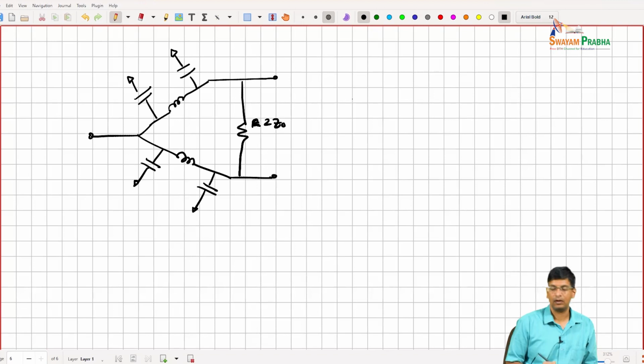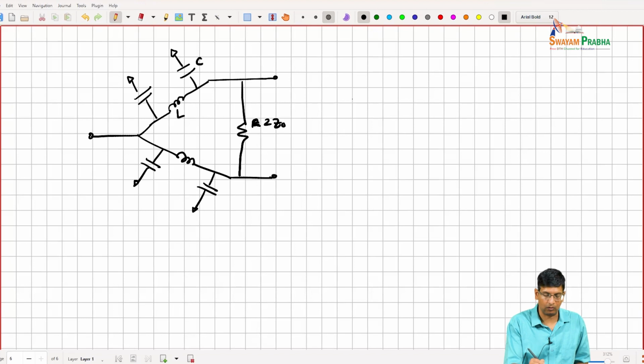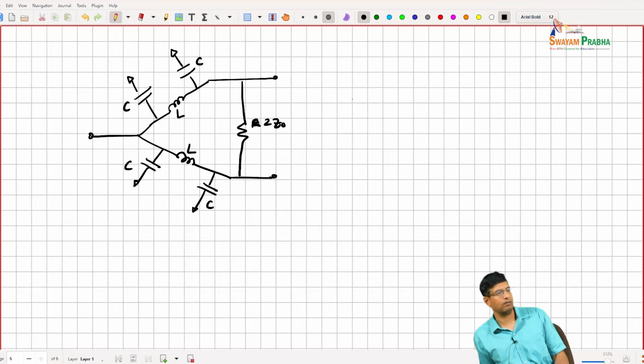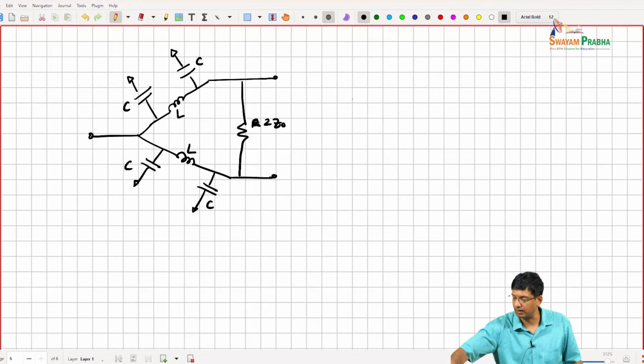Right? And this approach will work at the particular frequency that we design at. But the challenge, of course, is going to be that we'll have somewhat reduced bandwidth.